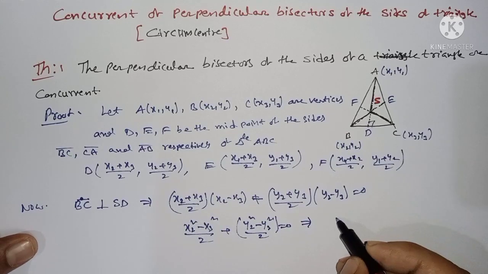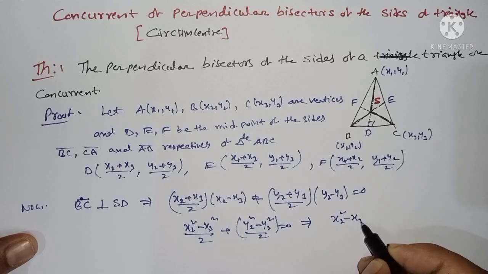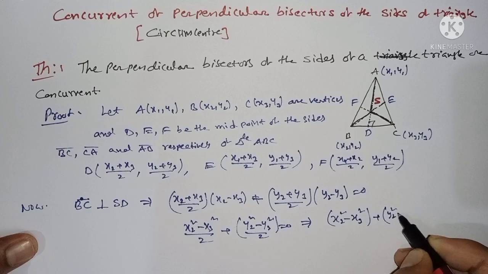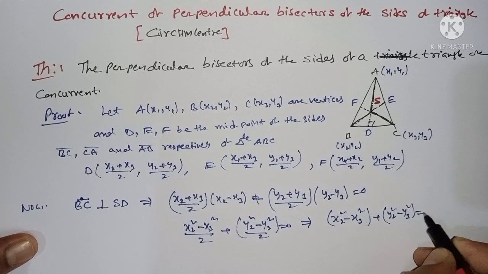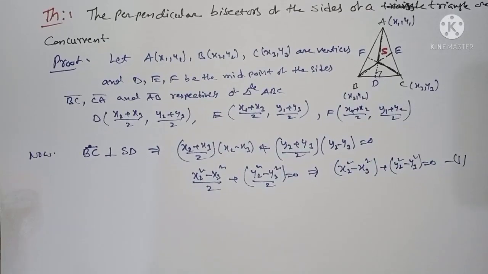I can write this as x2² - x3² + y2² - y3² = 0. This is called equation number 1.